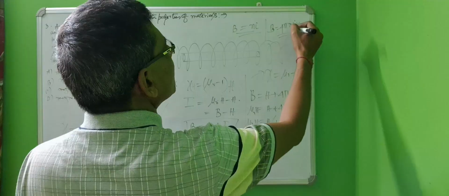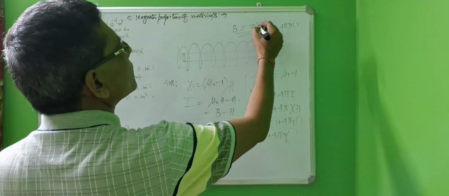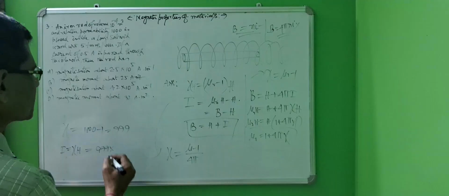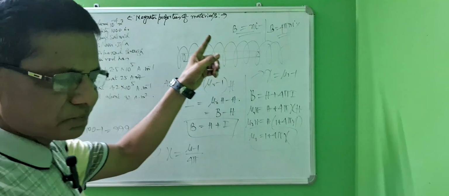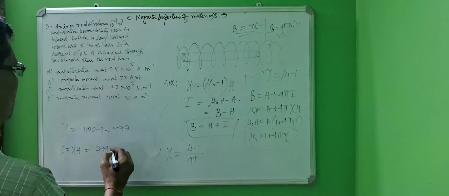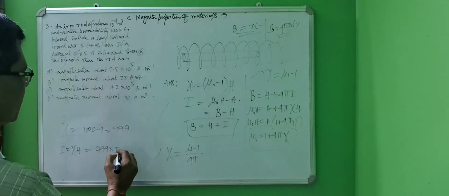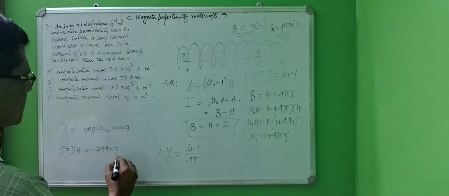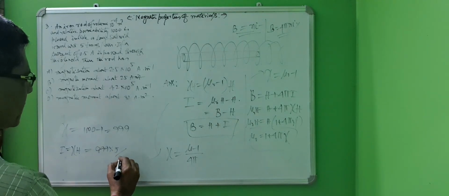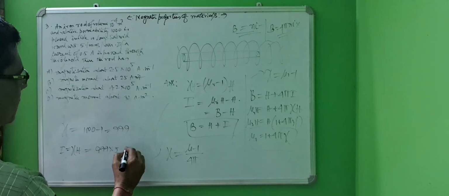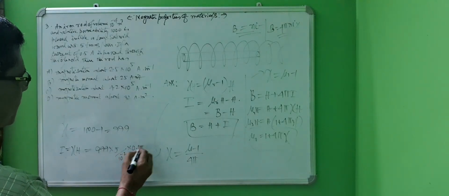So this one will be out for our case; our case is taken for B equals Ni. N is the number of turns per meter to be calculated. Here centimeter is given, so 5 turns per centimeter. Per centimeter means 1 centimeter equals 10 to the minus 2 meter.